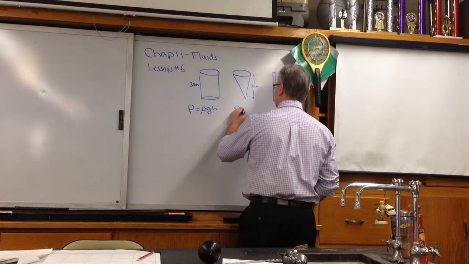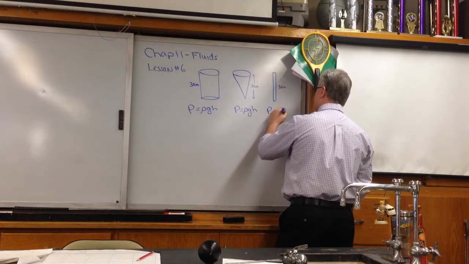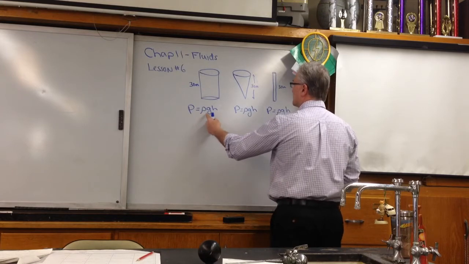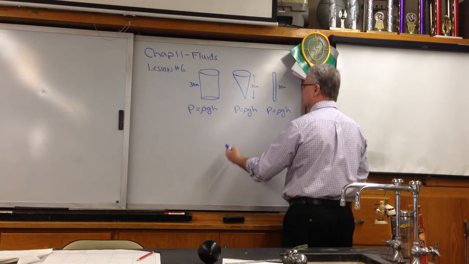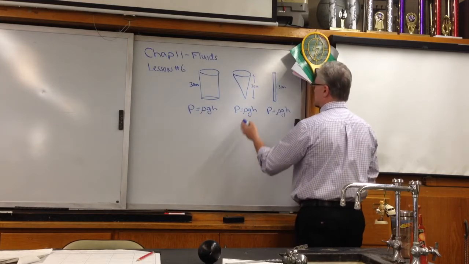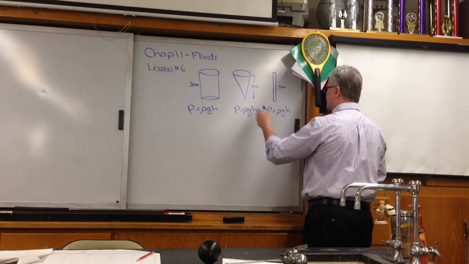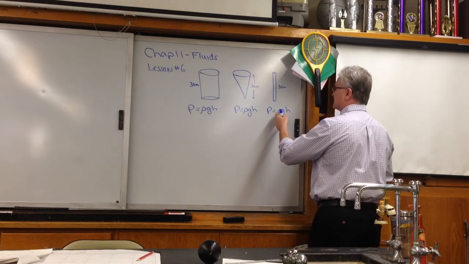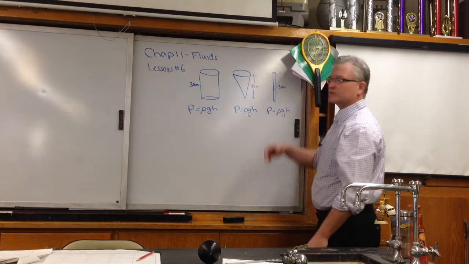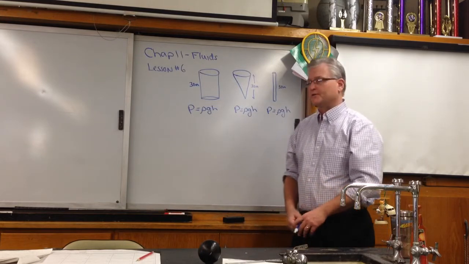Density of water is 1,000 kilograms per cubic meter, times 9.8 times 30. Boom, same thing. Guess what? The shape doesn't make any difference. So the pressure is always going to be the same no matter what the depth is.